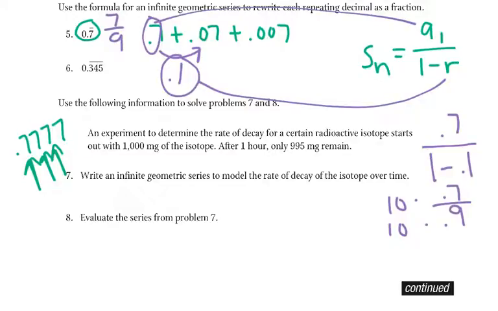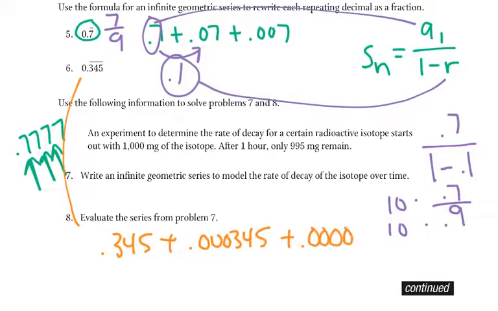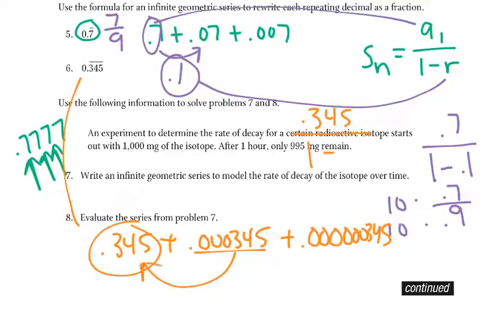Okay. Now, same idea. That's 0.345 plus 0.000345 because it's repeating, plus 0.000000345. Okay, so there's a sub 1. So that would be 0.345 over 1 minus, now what's our rate? Take this, divide it by that. I believe it'll be 0.001, but let me double check that.